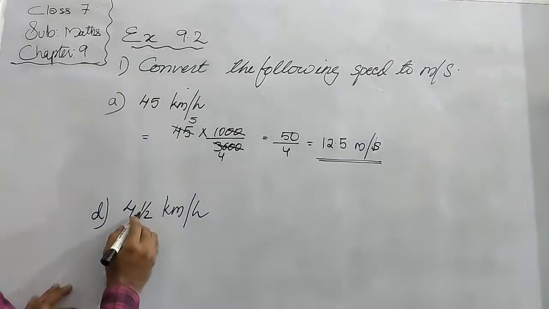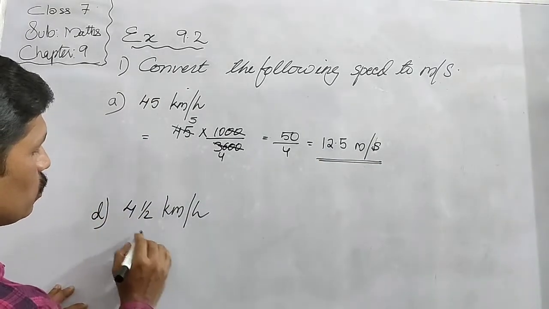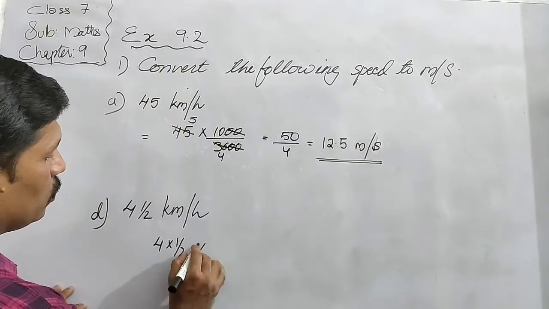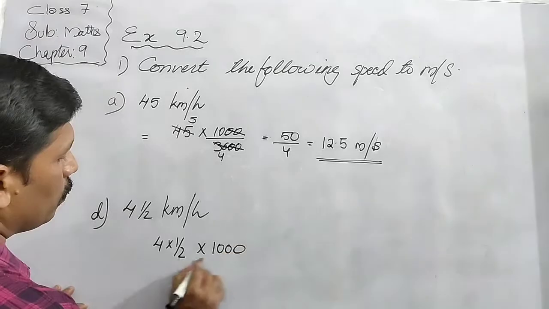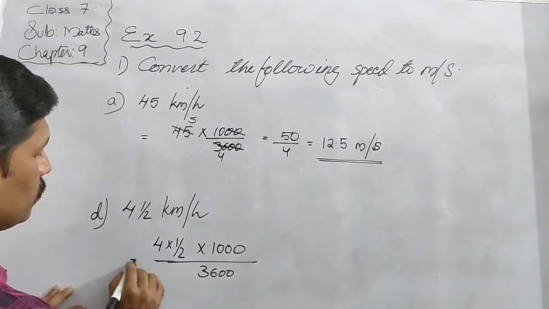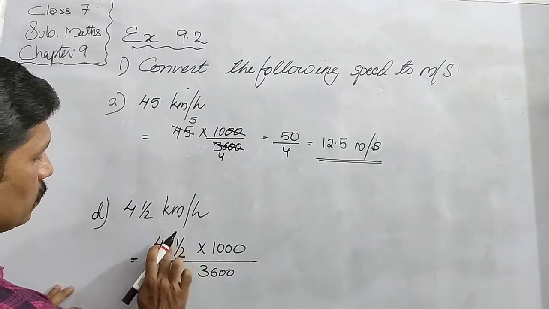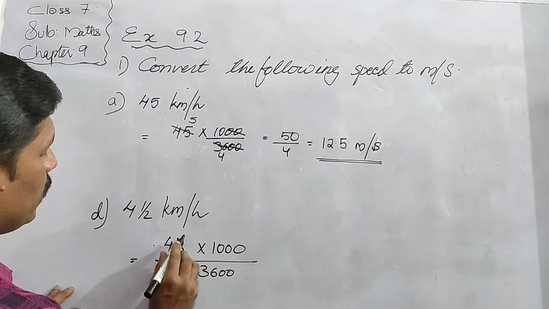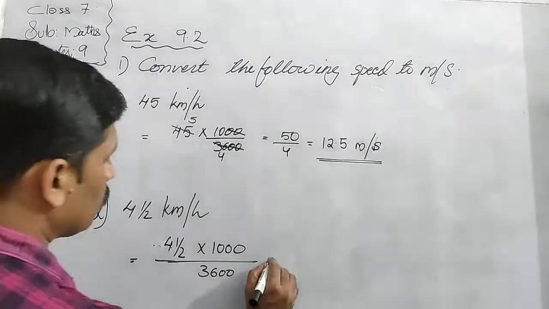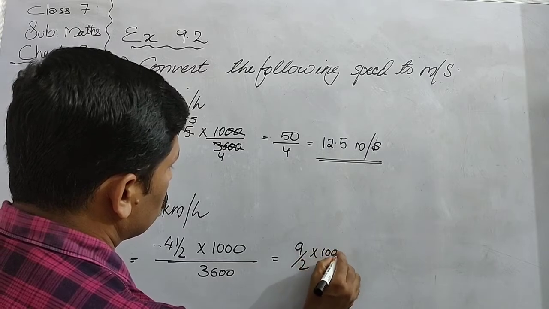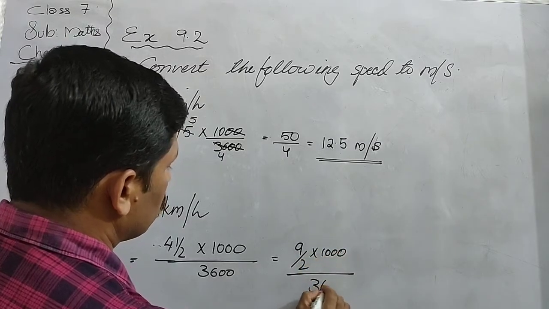Another question, 4.5 kilometers per hour. So here also 4.5 into 1000 upon 3600. 4.5 means 4 2s are 8 plus 1, that's equal to 9 upon 2 into 1000 divided by 3600.